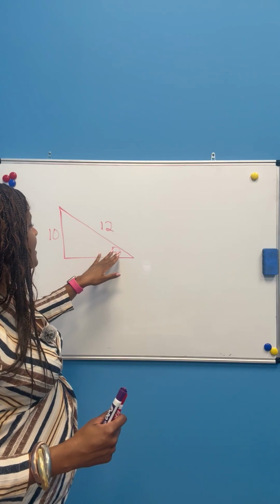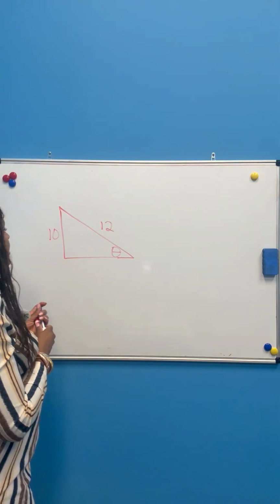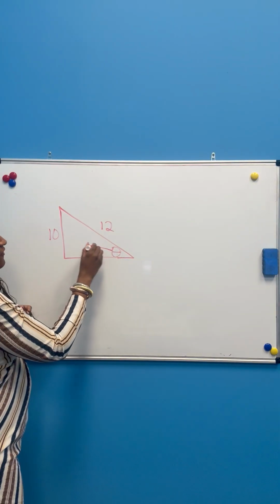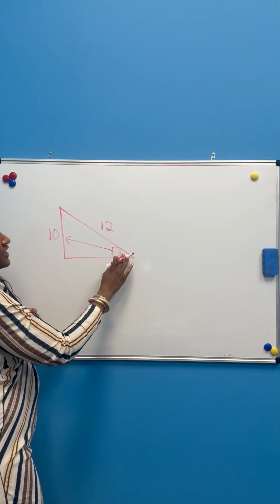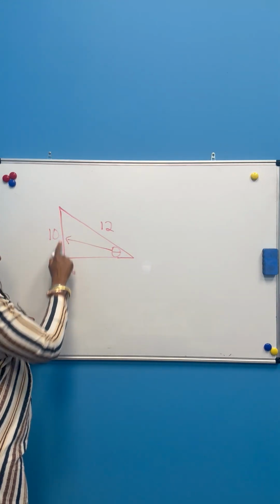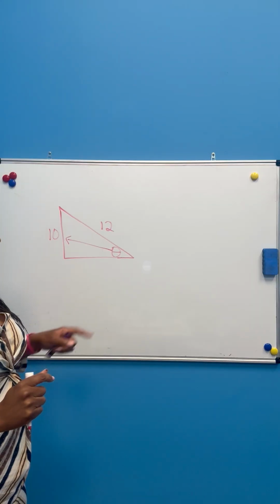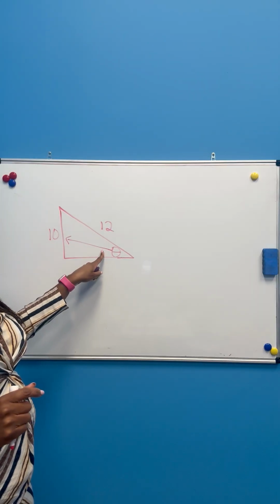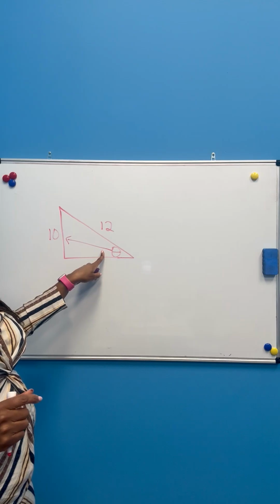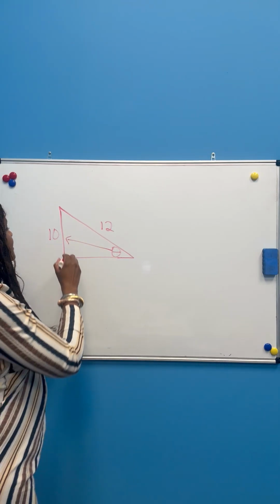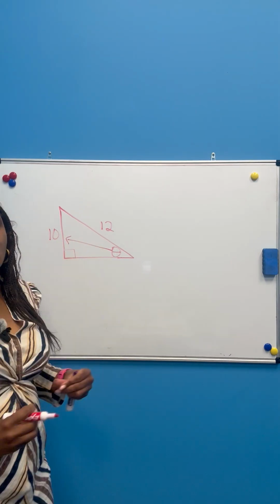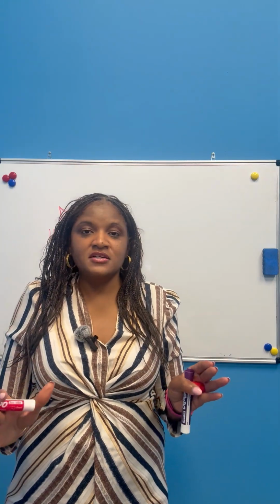So if we look at our angle, imagine you were a person standing right here, this side is directly opposite from you. So directly opposite from our angle theta is 10. And then the hypotenuse is the side that is always across from the right angle.